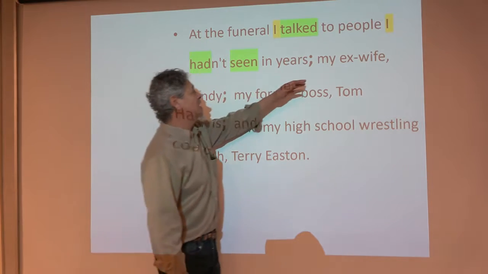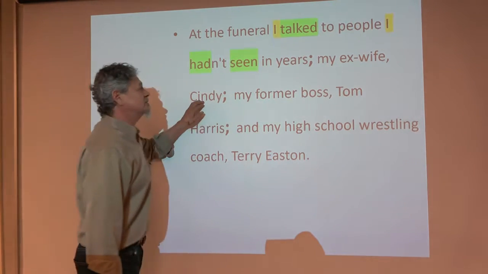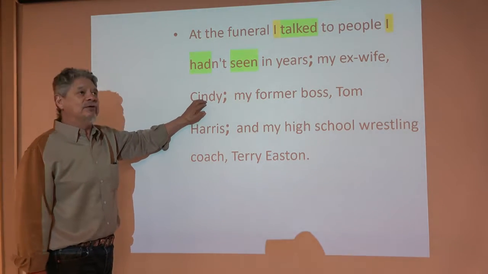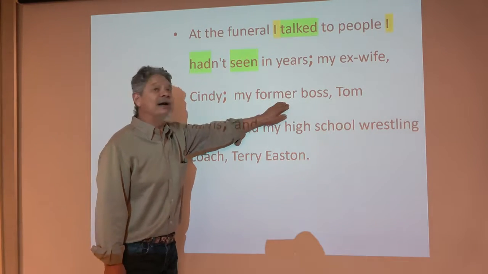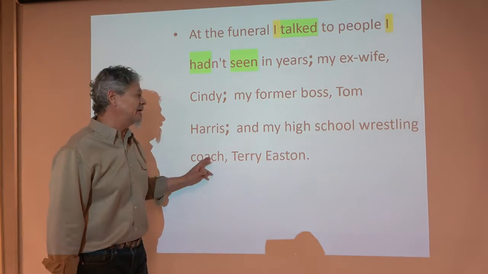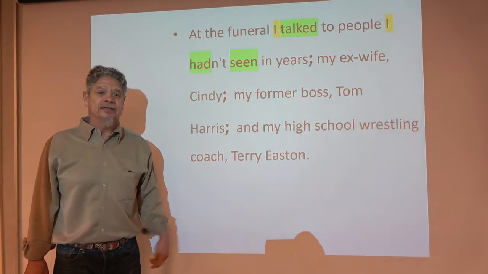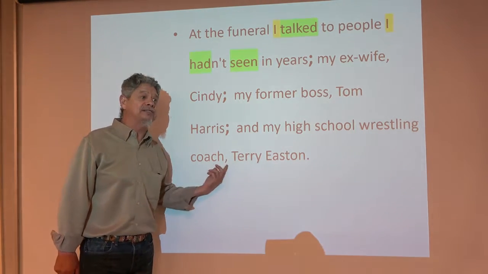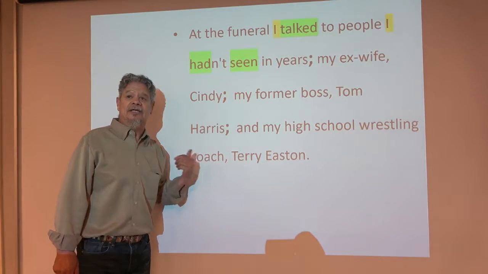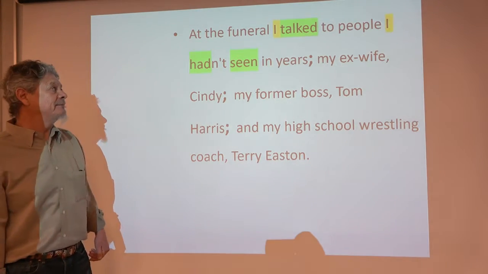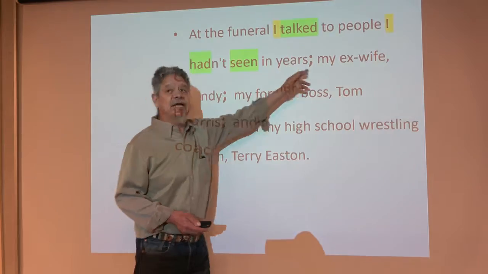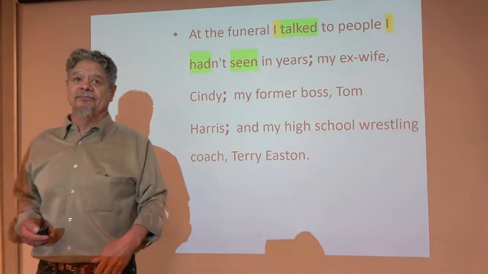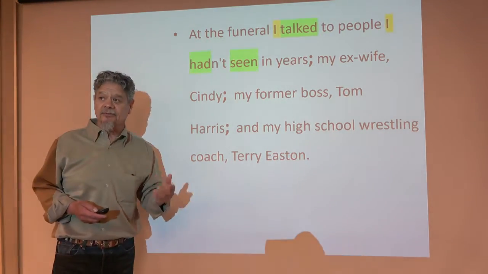Okay? These commas separate who the person is. The name of my ex-wife, the name of my former boss, the name of my wrestling coach. That's why the commas are needed. These are appositives. They rename the noun. Okay? So in this case, it makes sense to use the semicolon. Okay? An exception.